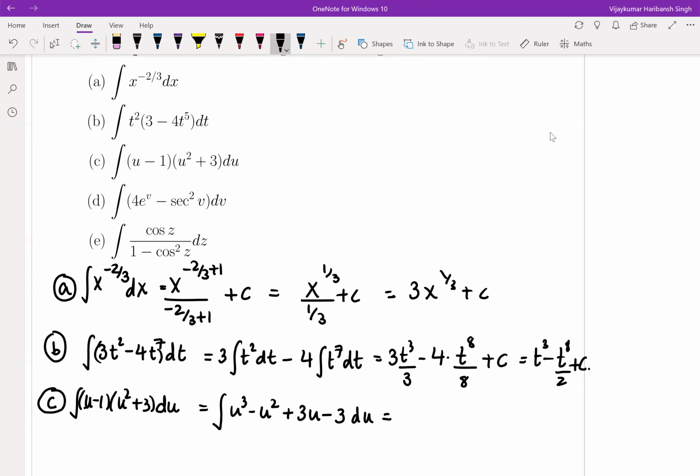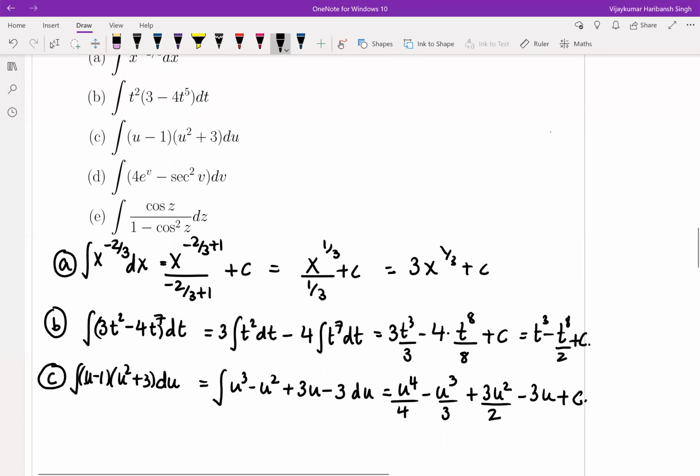And then when you integrate, you get u to the power 4 over 4, again using the power rule, u to the power 3 divided by 3 plus 3u squared divided by 2 minus 3u, and then plus c. Okay. So this is how this game is played.